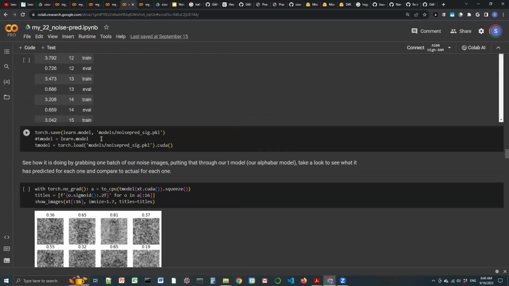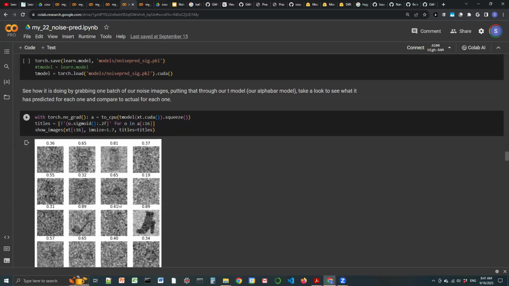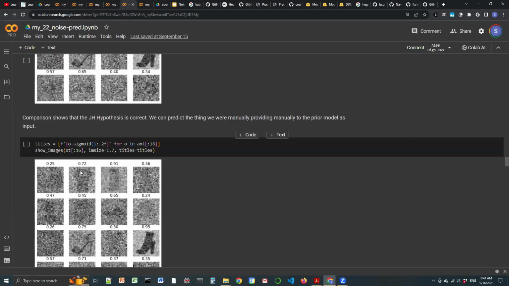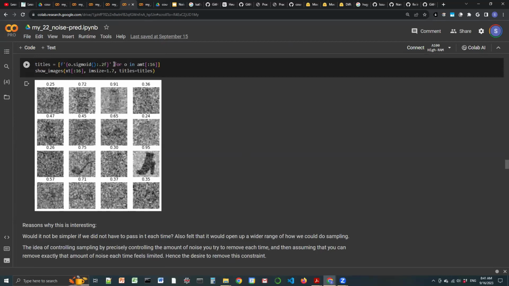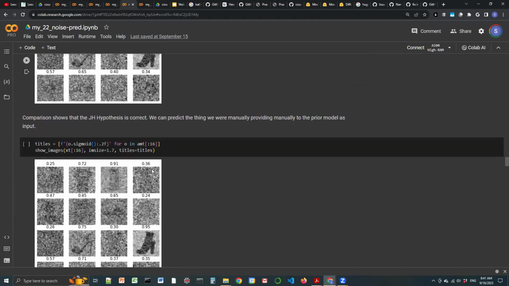He fits the model, and samples it to see how it's doing by grabbing one batch of noisy images, putting them through our model, and then using our model to predict what it looks like. And here it seems to be doing something good, or at least seems to be predicting something close enough, but it's not already close enough.